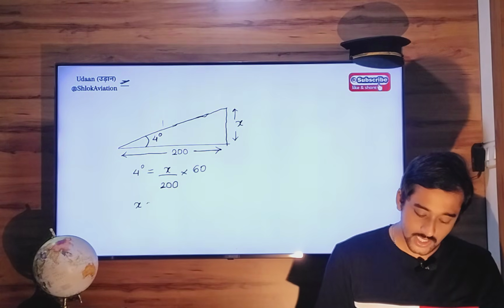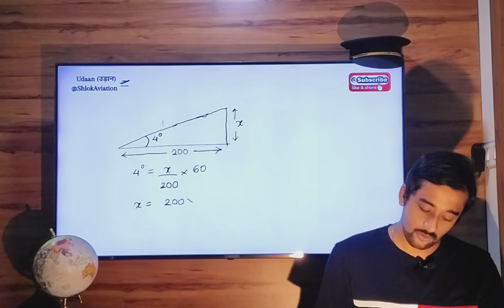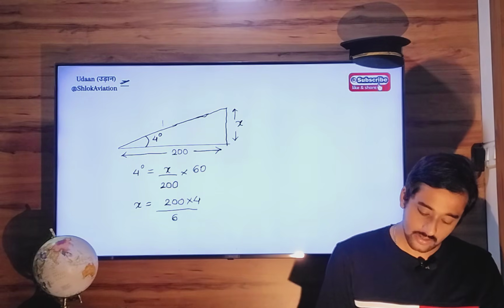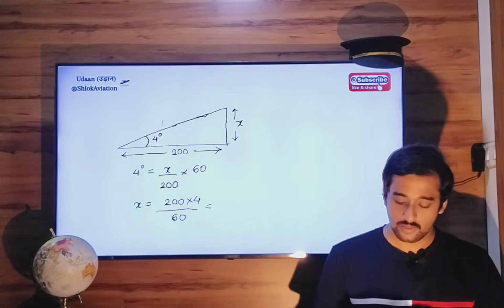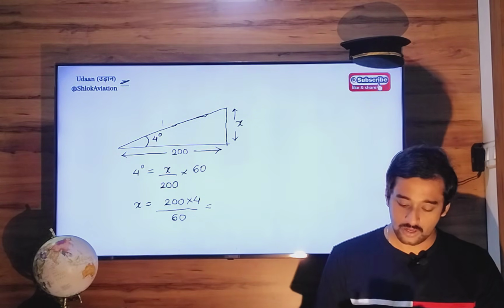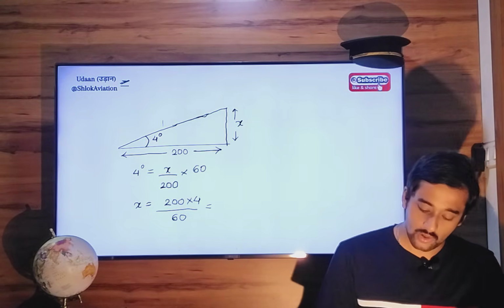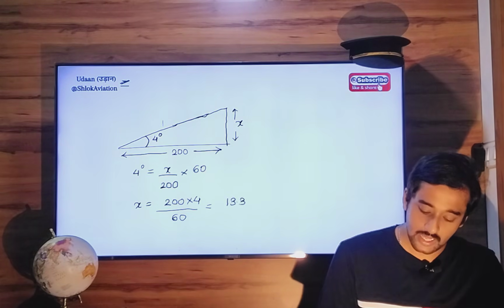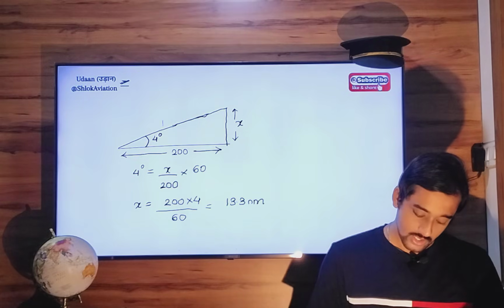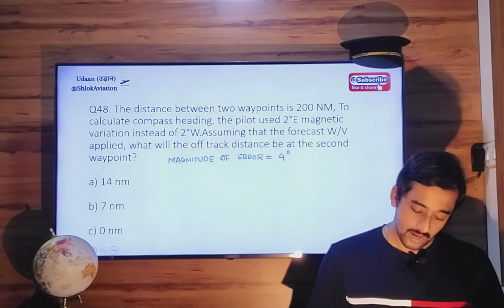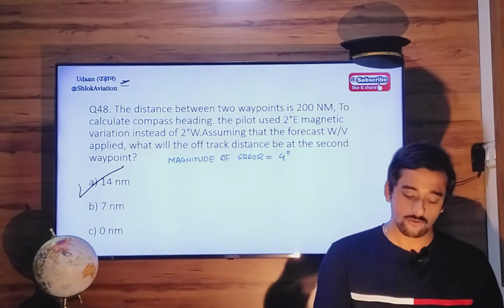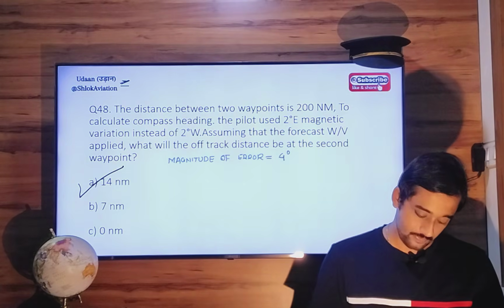So off-track distance will be 200 multiplied by 4 divided by 60, which is equal to 13.3 nautical miles. So you will be off track by approximately 14 nautical miles.